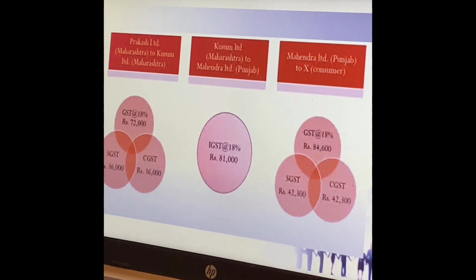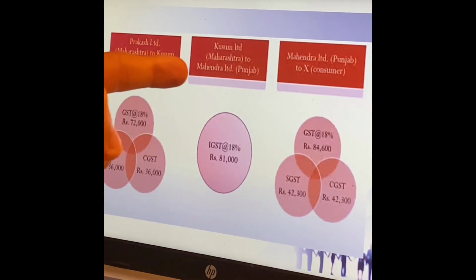Now Kusum is further selling that product to Mahindra, which is in a different state. We have learned that if a trade is happening between two different states, IGST would be applied. So IGST, that is 18%. The whole amount of 81,000 won't be divided and will go to the central government.